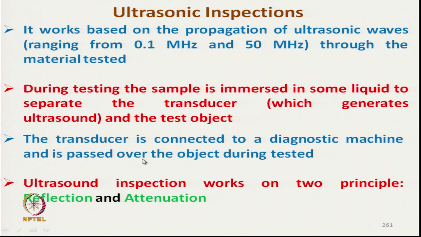The transducer is connected to the diagnostic machine and passed over the object during the test. Ultrasound inspection works on two principles, one is the reflection principle, another is the attenuation principle.